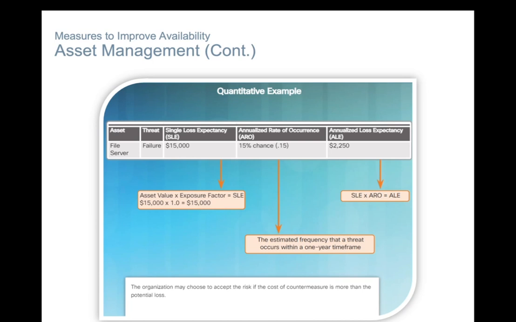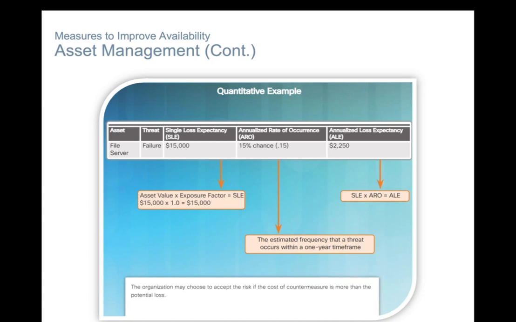The value of an asset can also be measured by the income gained through use of that asset. The exposure factor is a subjective value, expressed as a percentage, that an asset loses due to a particular threat.